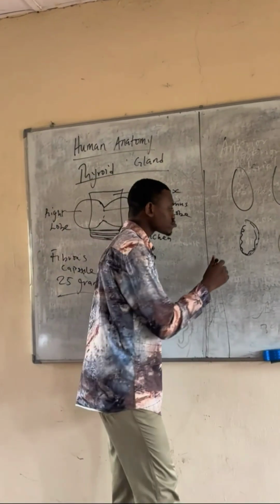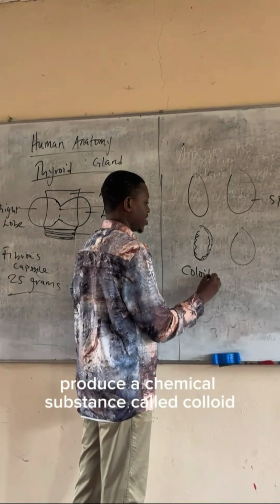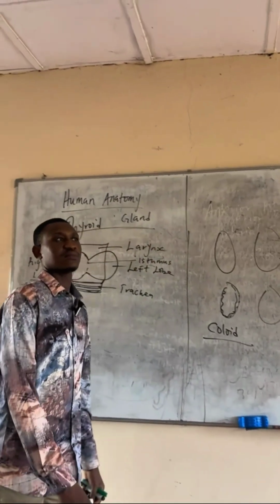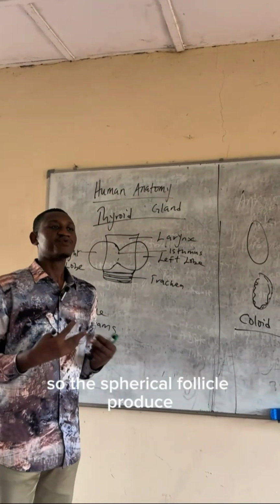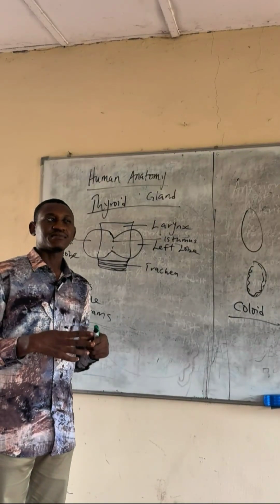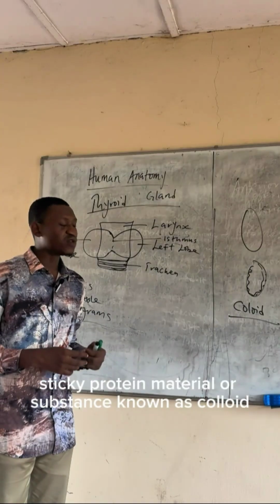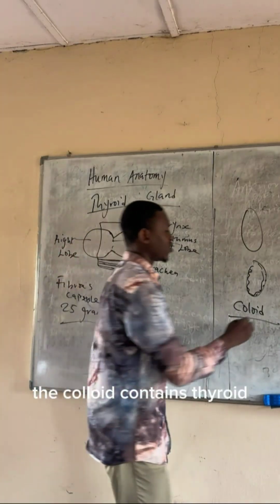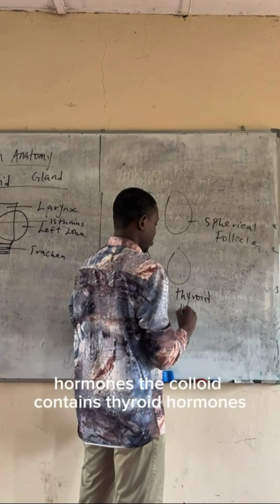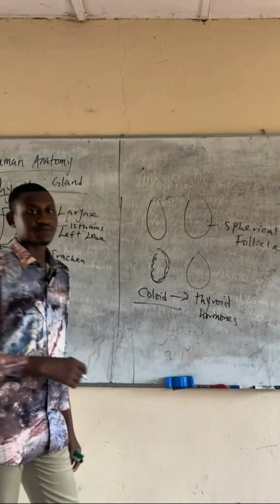The cells of the spherical follicle produce a thick, sticky protein substance known as colloid. The colloid contains thyroid hormones.